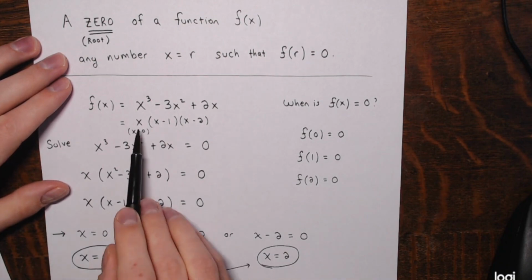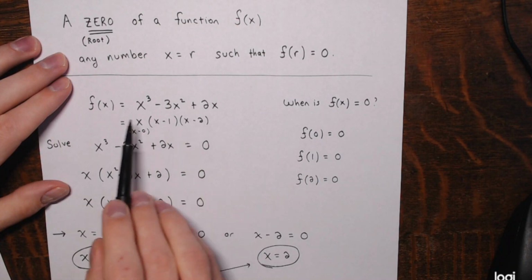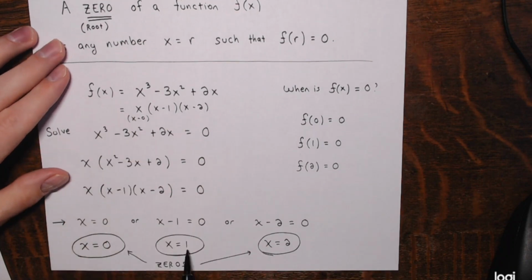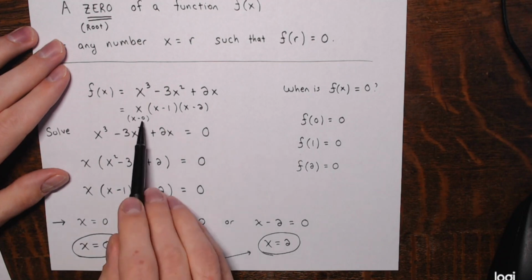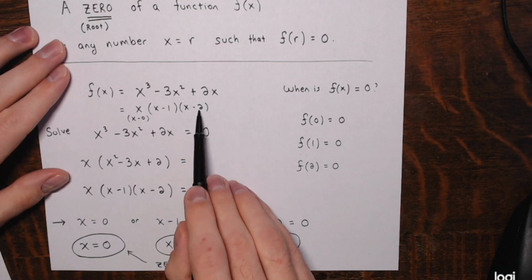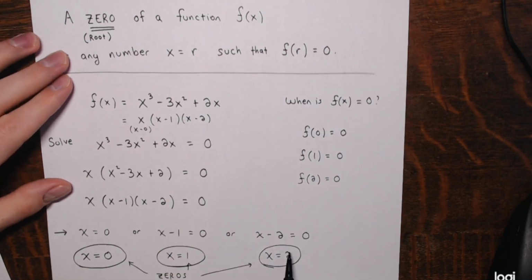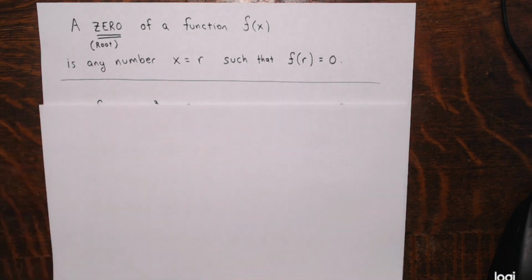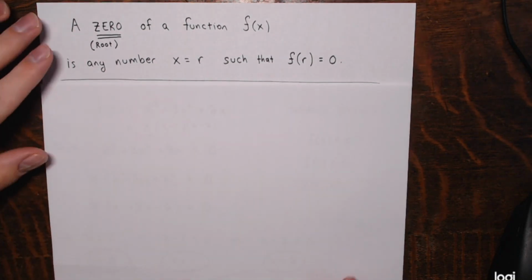Do you see how each of the factors of the polynomial was just x minus one of these zeros? X minus 0, x minus 1, 1 was a 0, x minus 2, 2 was a 0. And that's going to happen for any of the zeros of a polynomial function.